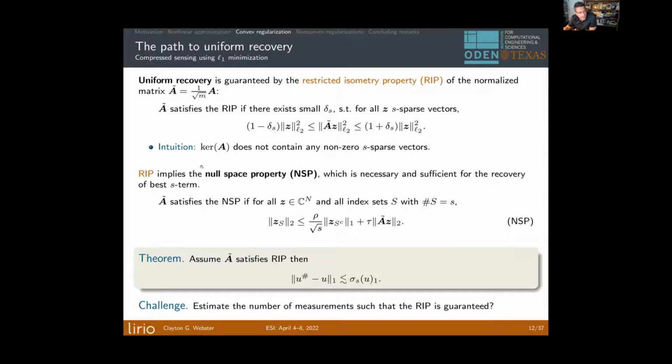In addition to that, one can show that the RIP implies the null space property, which is in general the necessary and sufficient condition for recovery of the best S term approximation.